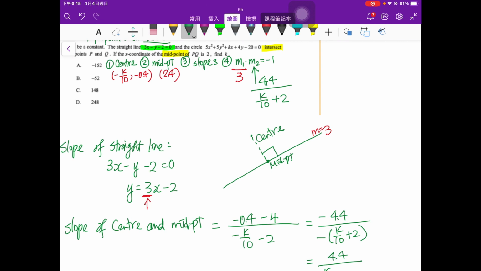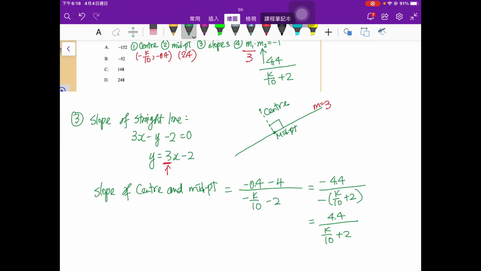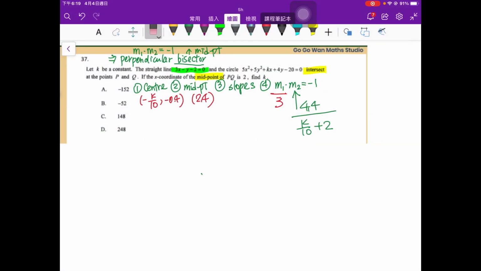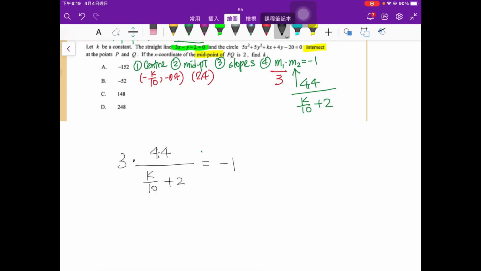Now we have two slopes. Now we can find the value of k, because we have the full information for the perpendicular formula. 3 times 4.4 over (k over 10 plus 2) equals minus 1. The first step I do is 3 times 4.4.